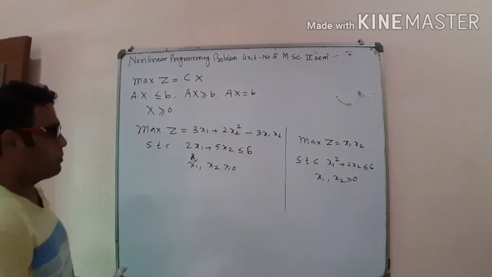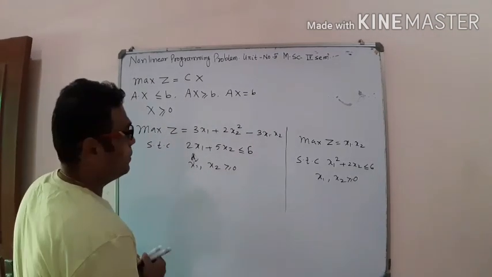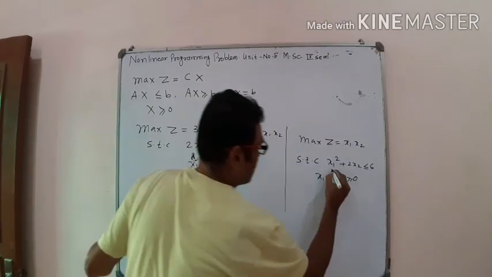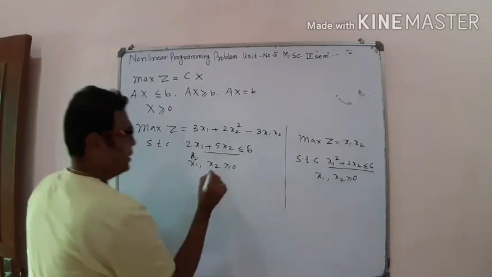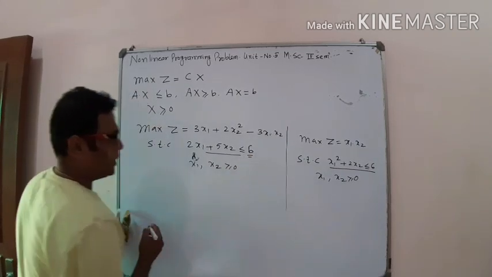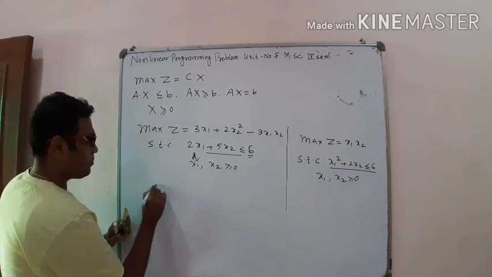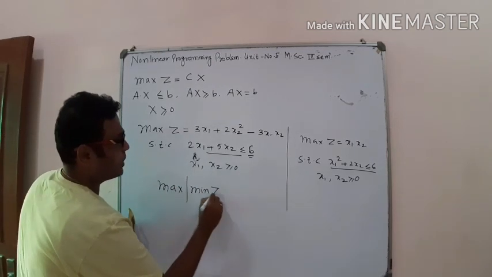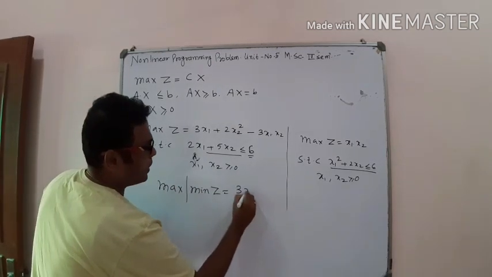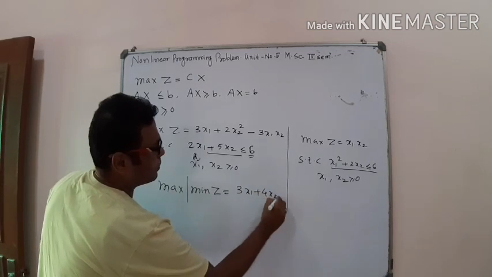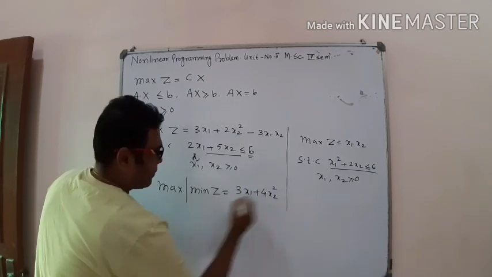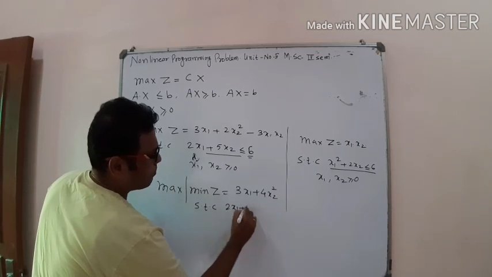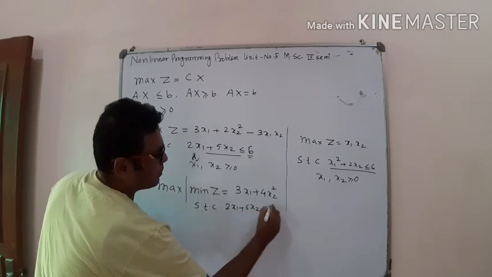There are two types of nonlinear programming problem. One we discuss on this board, where we assume that our constraint is an inequality. The other problem is the maximization or minimization of z equal to 3x1 plus 4x2 square, subject to the constraint 2x1 plus 5x2 equal to 6.